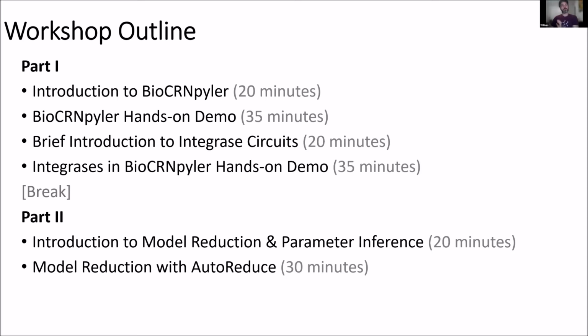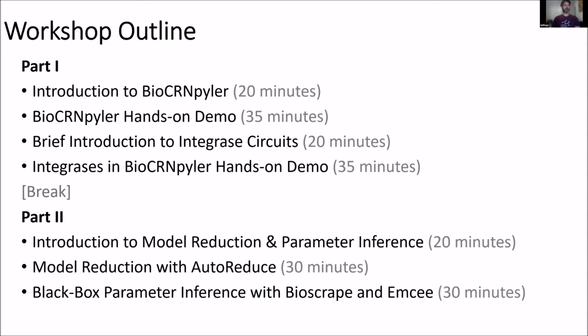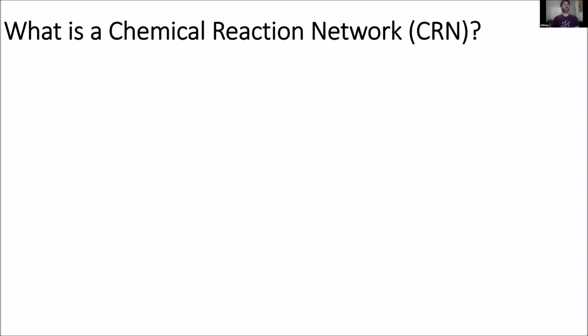So we'll start with a big model and make it smaller. And then we'll use black box parameter inference with Bioscript and MC packages to parameterize these models from data. And again, this is all done via Google Colab, so you should be able to look at the code as we're going through it and try it yourself.